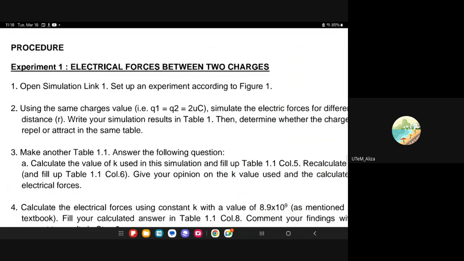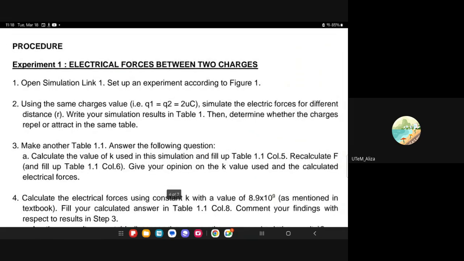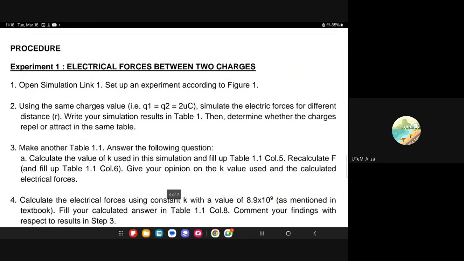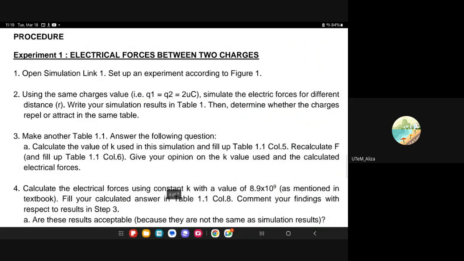Bear in mind that electrical forces can be a repulsion or an attraction. They can be attracted or repel each other depending on the polarity of the charges. As I mentioned before, similar polarity, meaning both positive or both negative, they will repel.